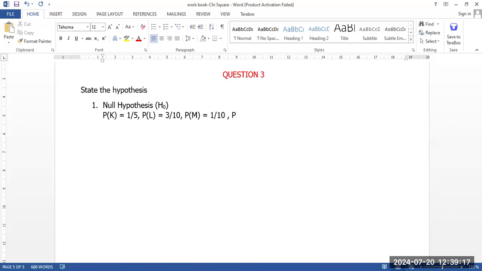Then next, the probability of N, our last one, is 2/5, 2 out of 5.